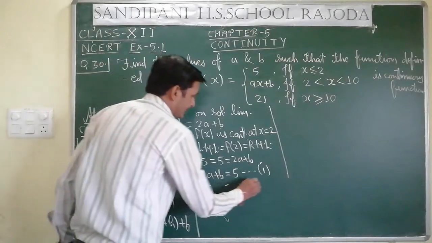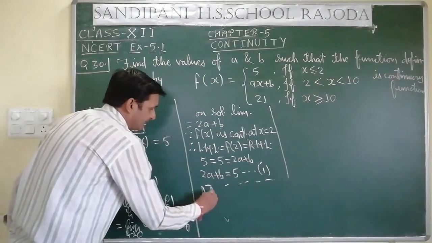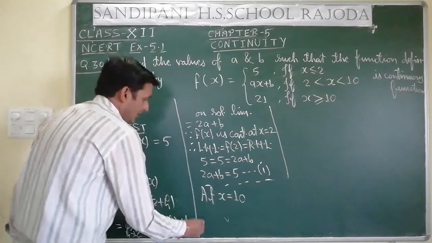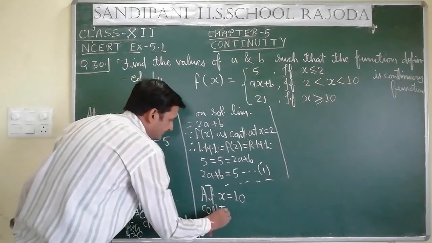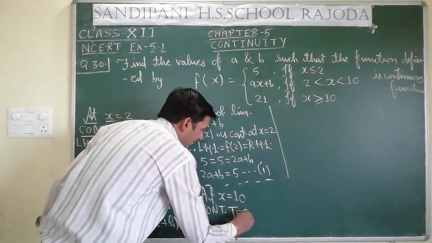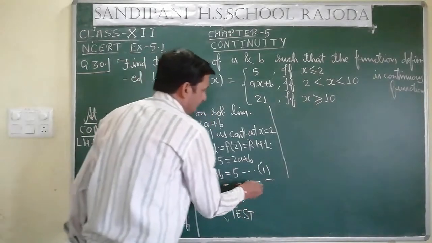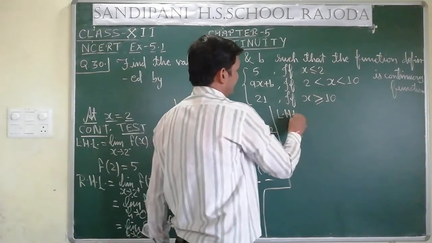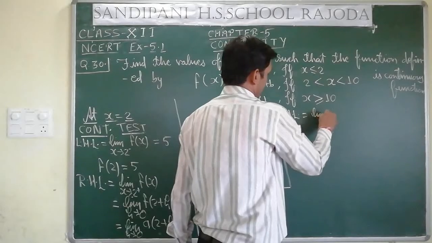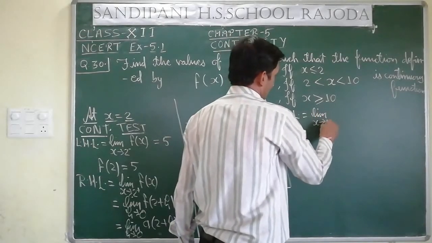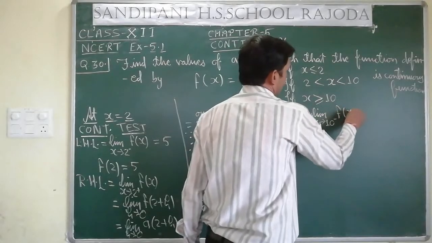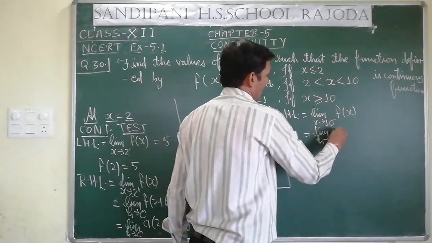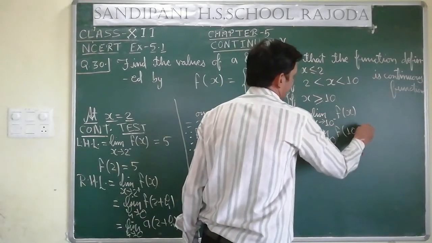So at x is equal to 10, continuity test we are applying. I am proceeding from here now. LHL, that is equal to limit x tends to 10 minus f of x, that is equal to limit h tends to 0 f of 10 minus h.